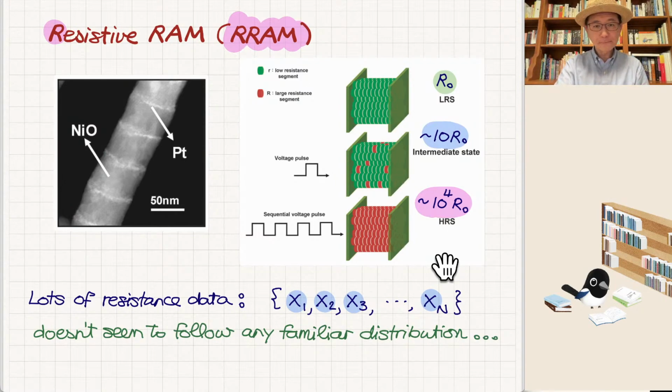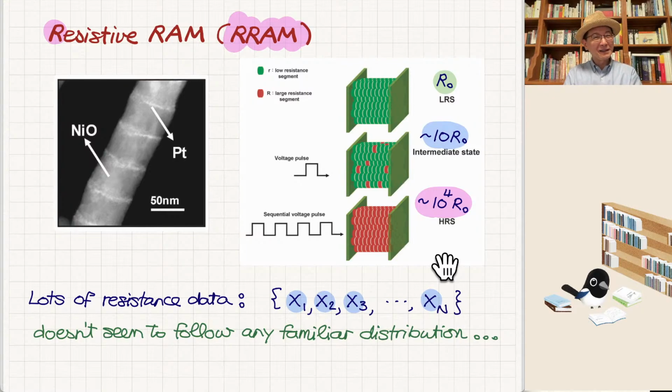So what's the puzzle? First of all, let me claim I'm not an expert in RRAM. But during a chat, they told me that they have lots of resistance data, X1, X2, X3, up to Xn. They tried to analyze it, but they couldn't find a pattern.